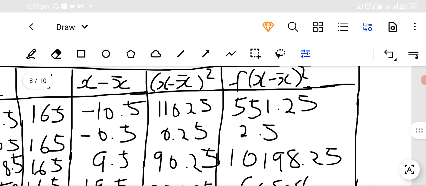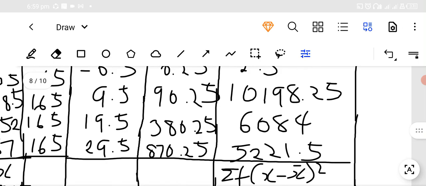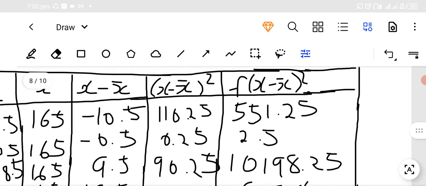Then when you add this across, you're going to have 551.25 plus 2.5 plus 10,198.25 plus 6,084 plus 5,221.5.